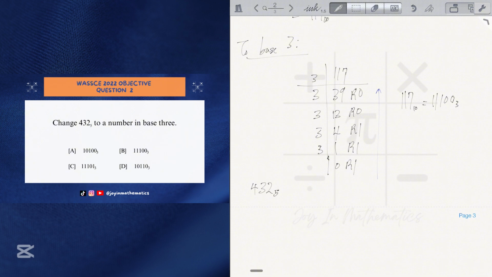We converted it to base 10, which gives us 117 base 10. And when we convert it to base 3, we write the answer as 11100 base 3. And this is option B.